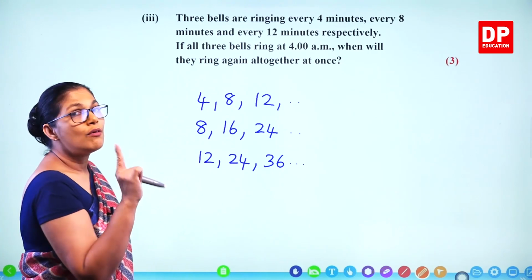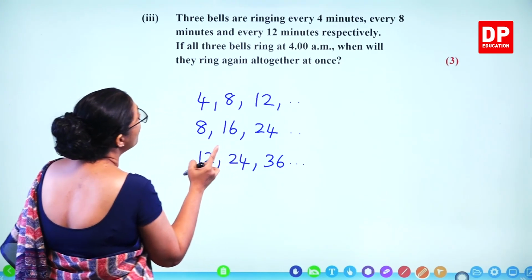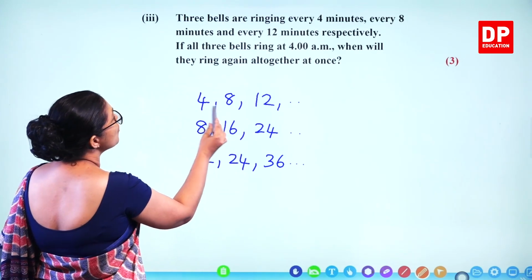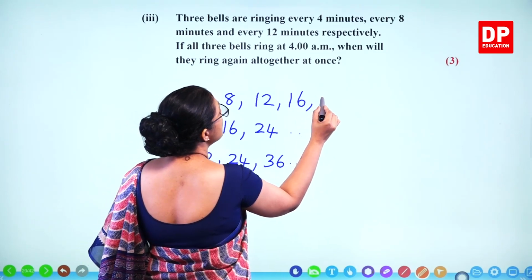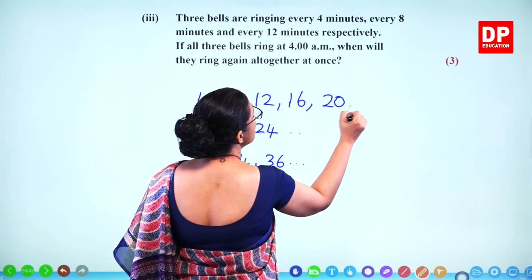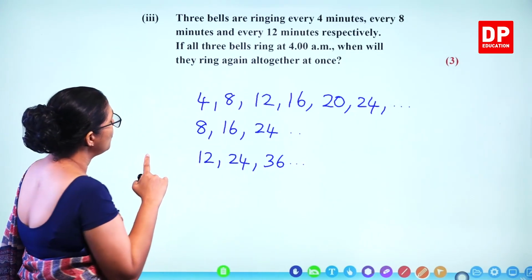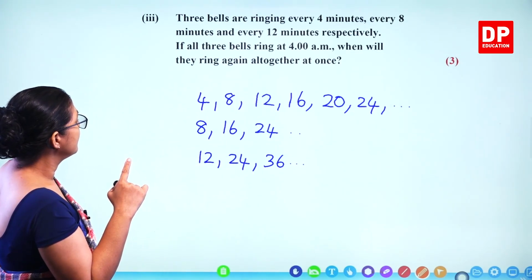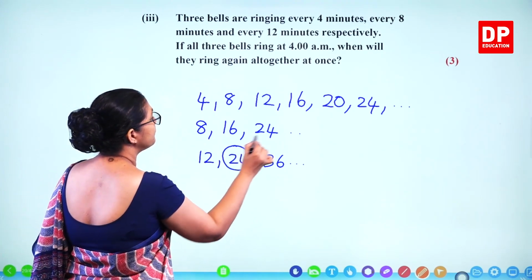So finding the lowest common multiple. So what's the lowest one? So we'll write some more. 16, 20, 24. Now which one is the common one? 24.